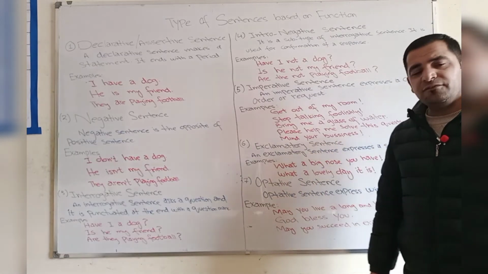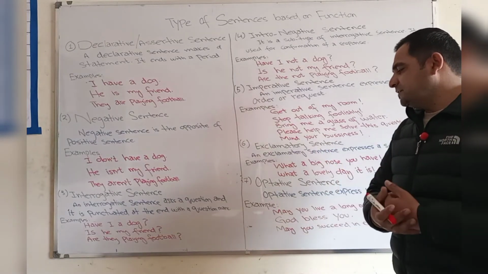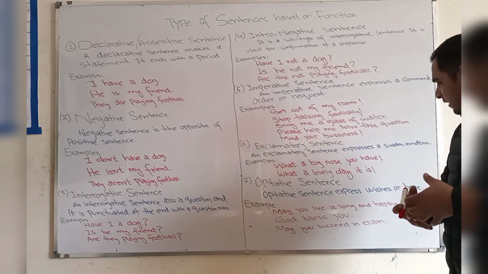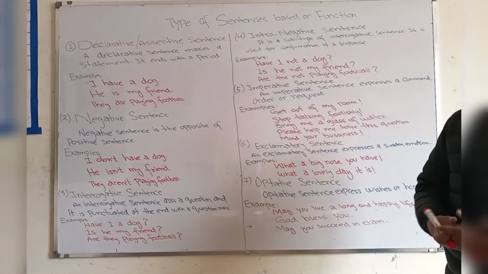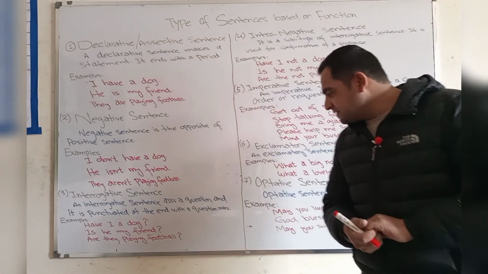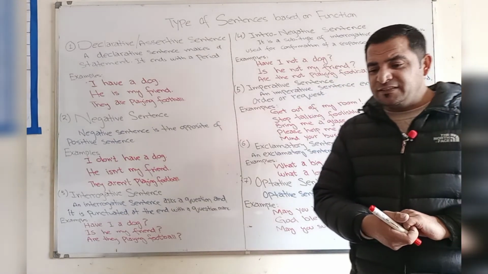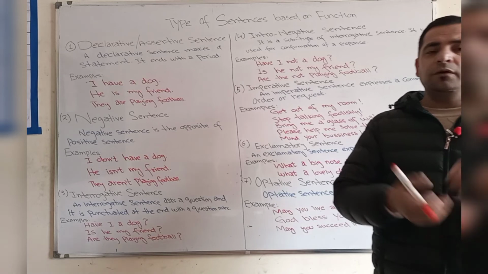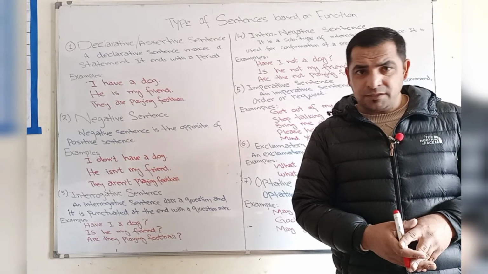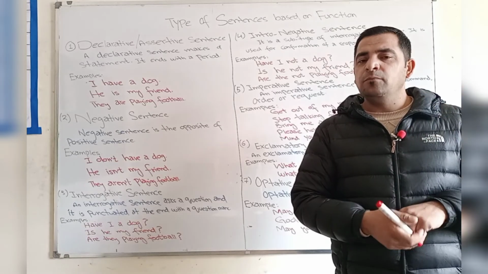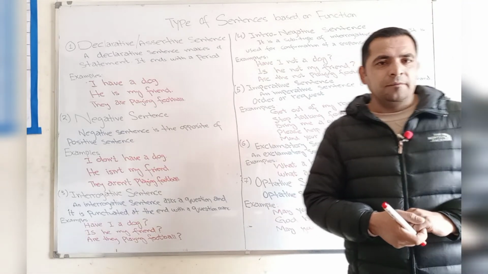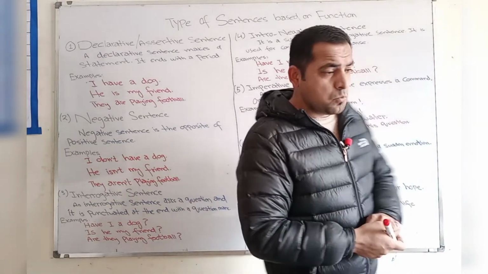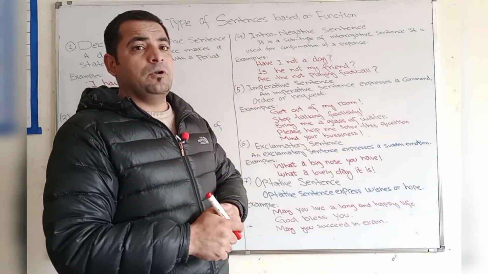And then the last one we have talked about is the optative sentence, which deals with wishes or hope, right? There is one more type of sentence I haven't listed here, and that is simply the affirmative sentence. The affirmative sentence is also called the positive sentence, right? Now that's your job. Learn more about it. And of course, for this particular lesson, I will be coming up with a worksheet and some follow-up exercises for you.